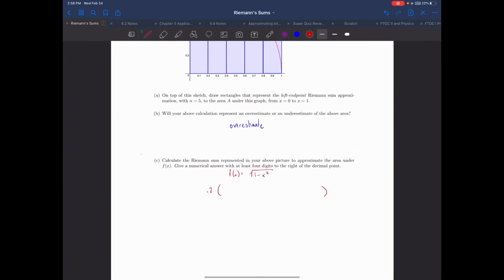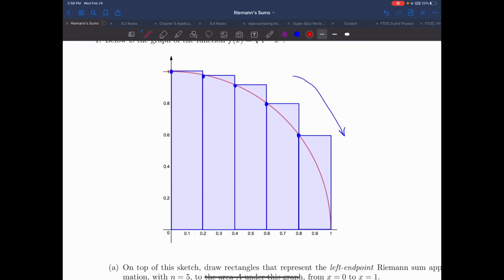This point right here would represent f of 0. This point right here would be f of 0.2. This point here is f of 0.4. And those are just going to increase by 0.2 every time.